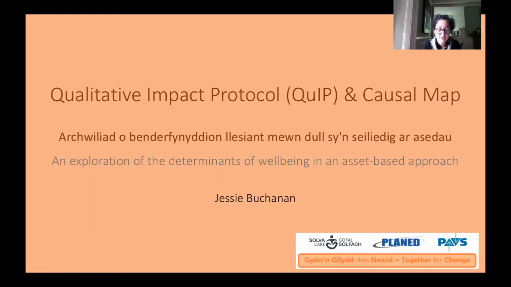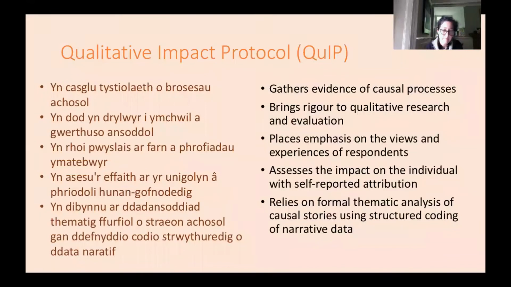In this work, we also aim to evidence some of the mechanisms that either support or hinder place-based communities to thrive. We have looked at a number of approaches during the development stages of the research methodology, and I'll therefore start with a brief outline of QIP and the causal map application.